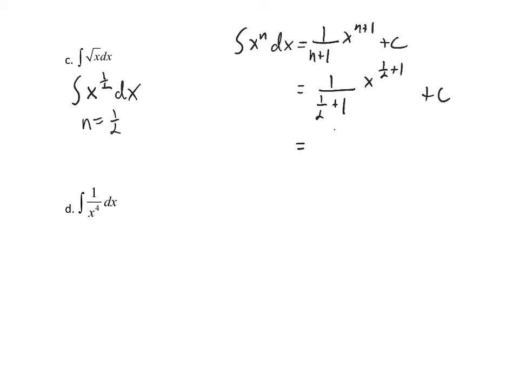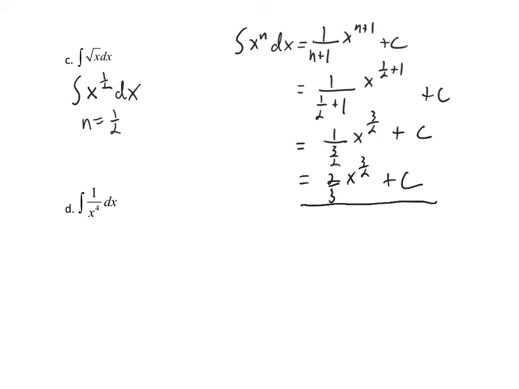Simplifying that gives us 1 over 3 over 2, x to the 3 over 2, plus c, which, if you use some properties of division of fractions, you would see really simplifies to 2 over 3, x to the 3 over 2, plus c.